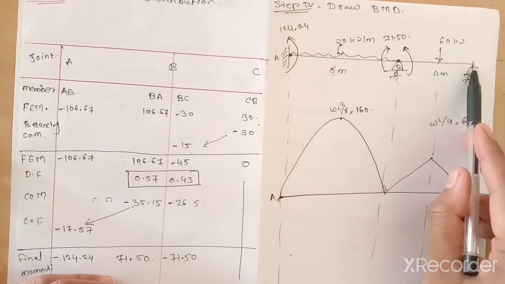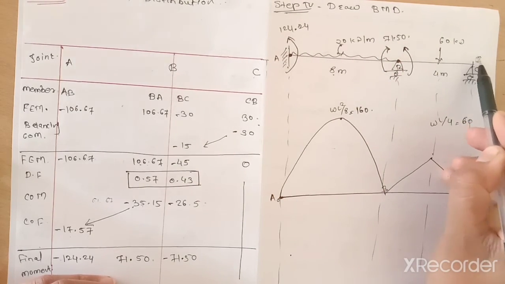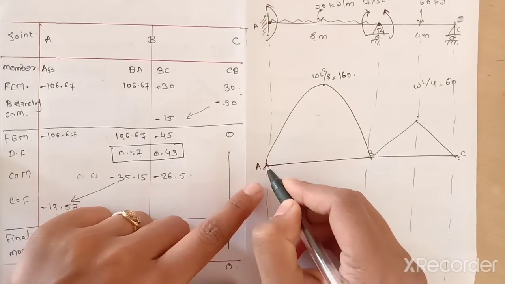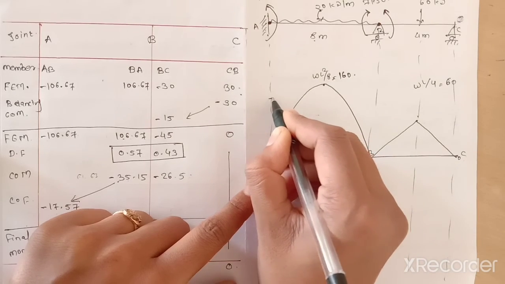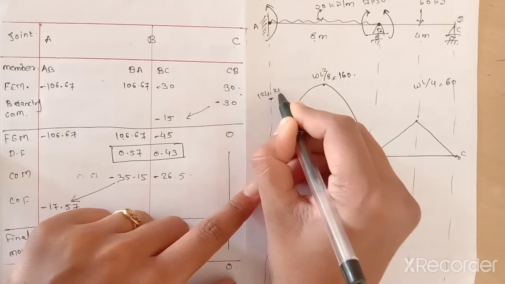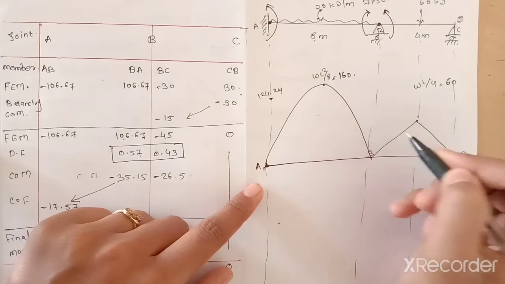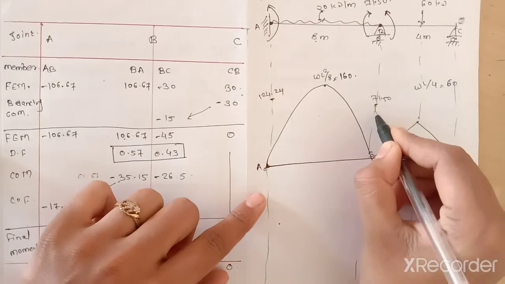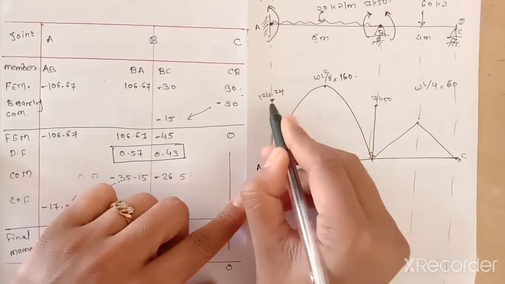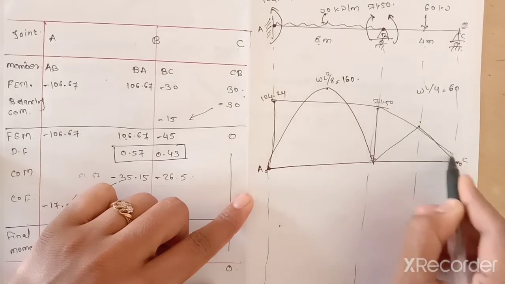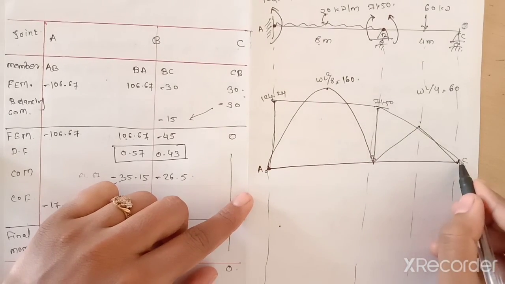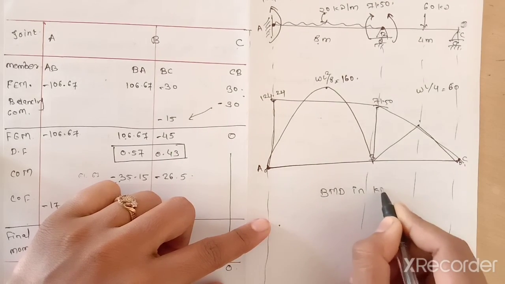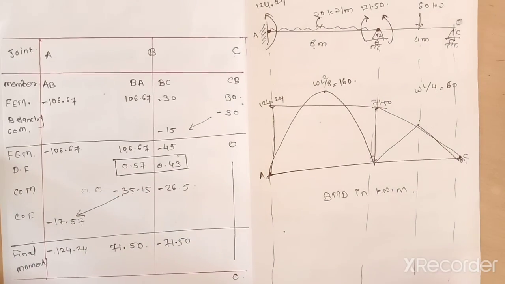And at point C, 0. Okay. So put this value in this figure. First is 124 approximately here. Then next 71.50 and last is 0. So diagram is like that. Okay. This is our bending moment diagram in kilonewton meter. Okay. Thank you.